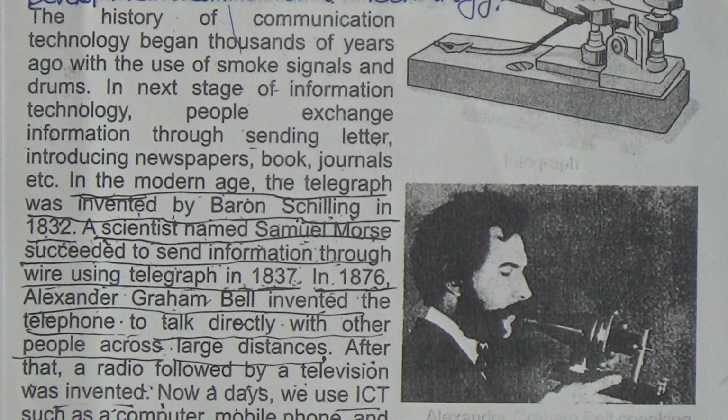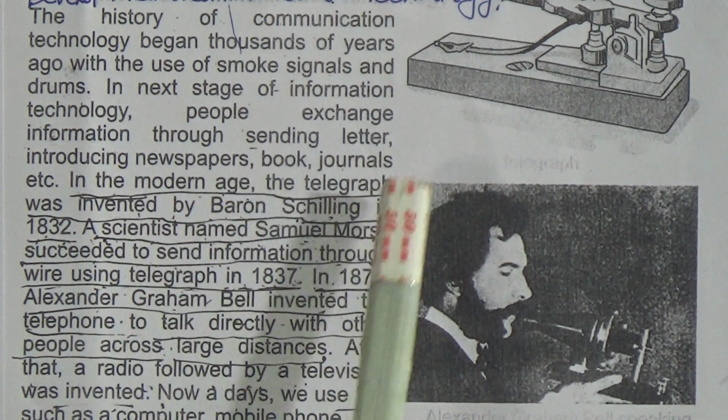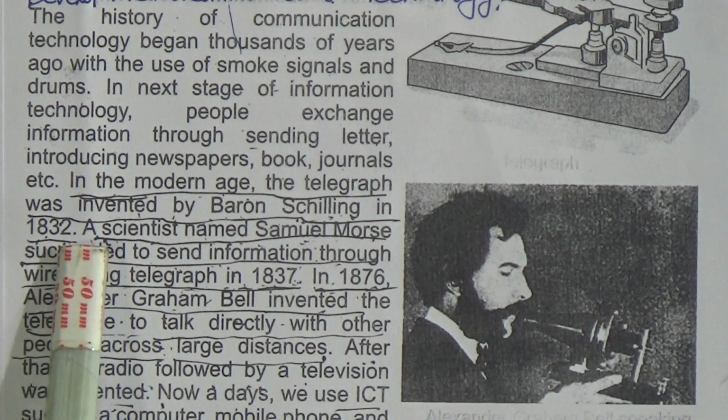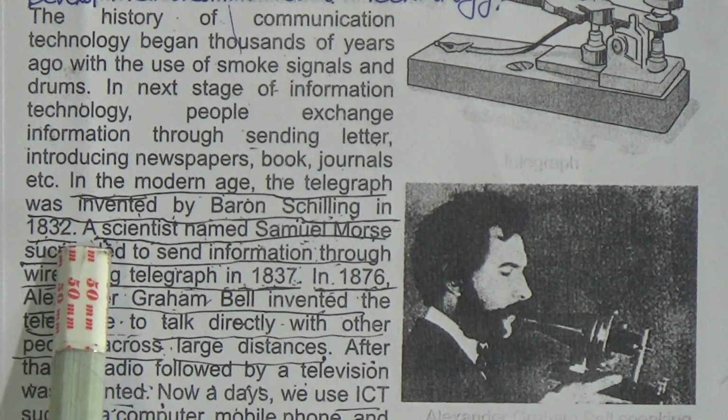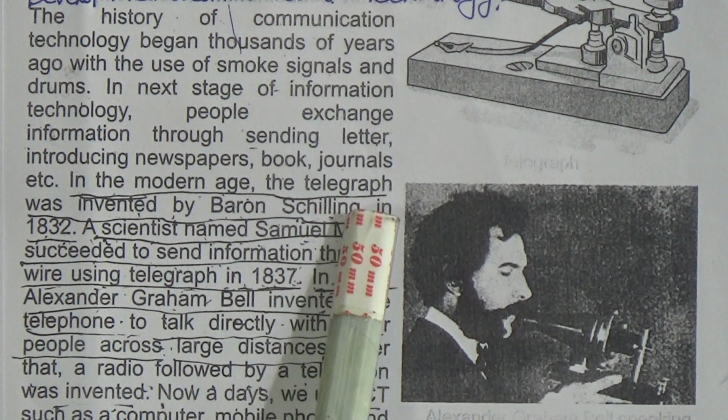They write the message on paper with a pen, and they send the letter to a particular place or particular people. And they also use the telegraph, and the telegraph was invented in 1832 by Baron Schilling, a scientist.